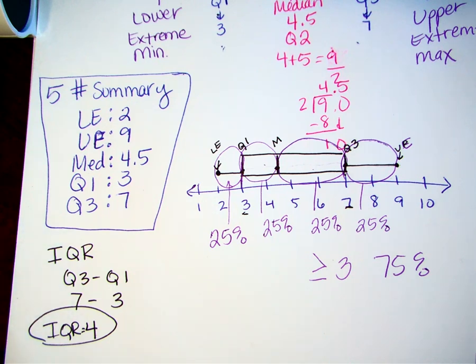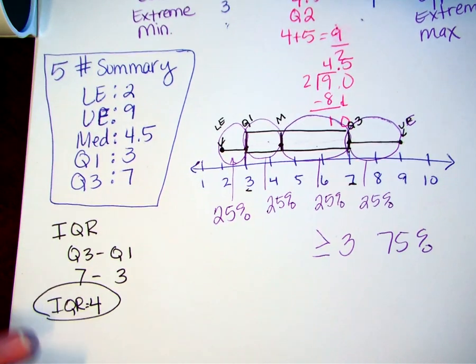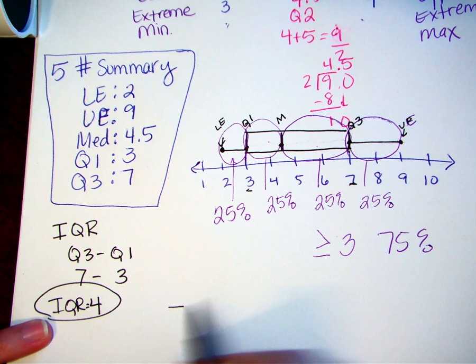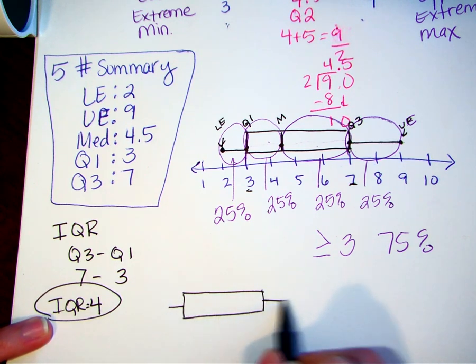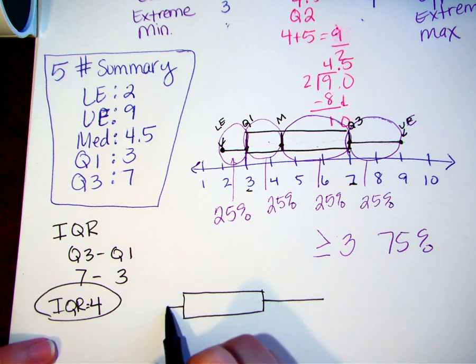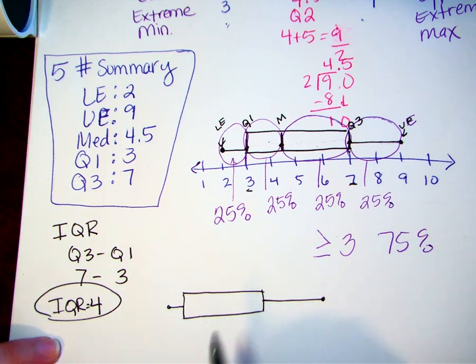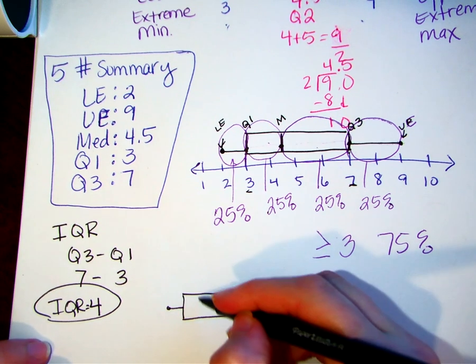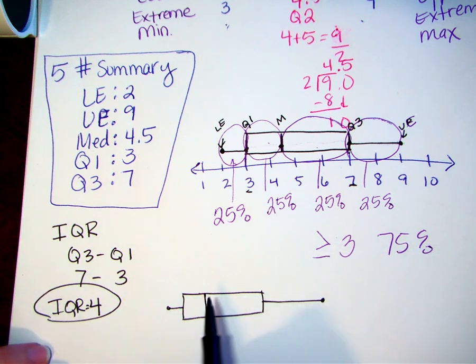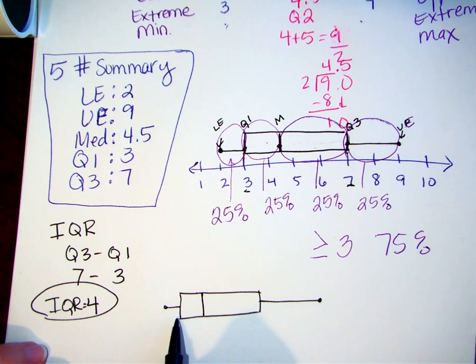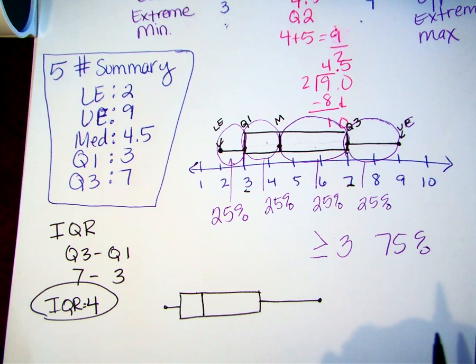The last thing that I wanted to talk to you guys about is the shapes of these box plots. These might be a little bit harder to tell the shapes, but one thing for sure is if you have, I'm going to draw one right here, just an example. So if my box plot looked like this, but my median was maybe right there. So my median is closer to the left-hand side of my, or it's closer to my Q1.